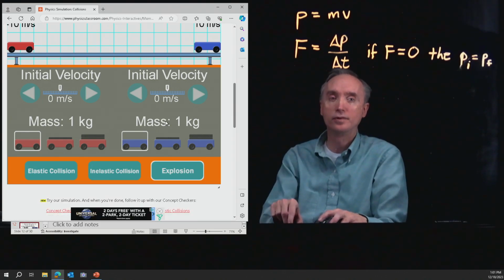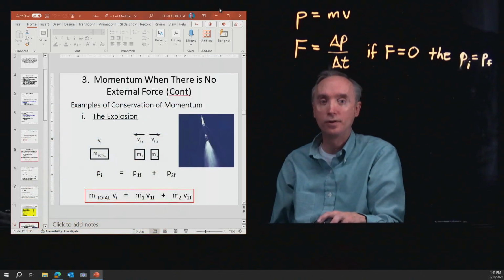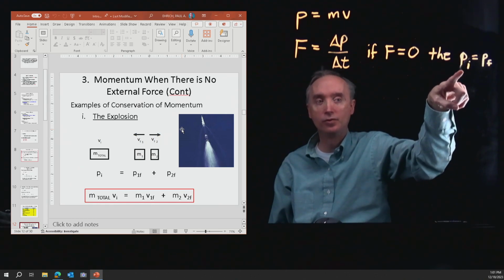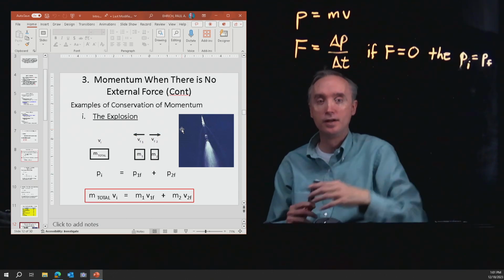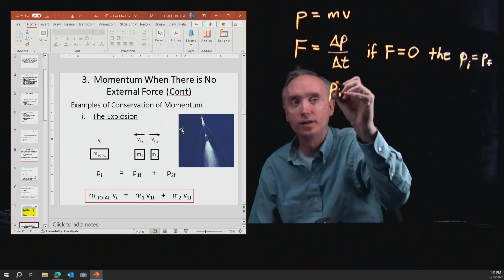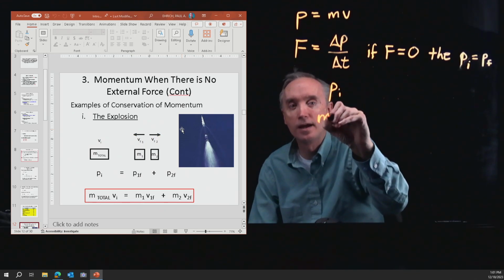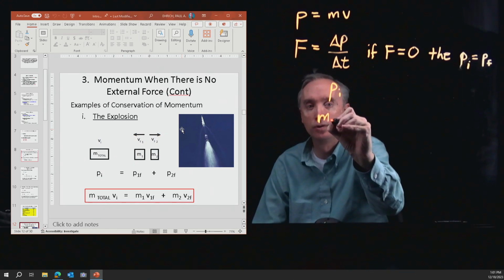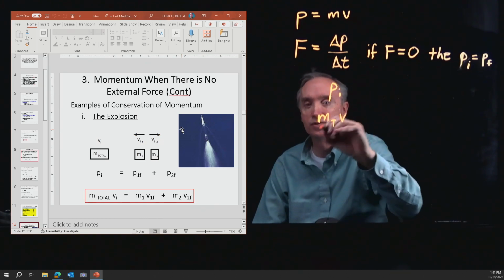Now let's go back to our working equation here. We're going to say the momentum that it has before is going to equal the momentum that it has afterwards. So the momentum that it had initially is going to be equal to the total mass, because when they're all connected together, they have a total mass times their initial speed.